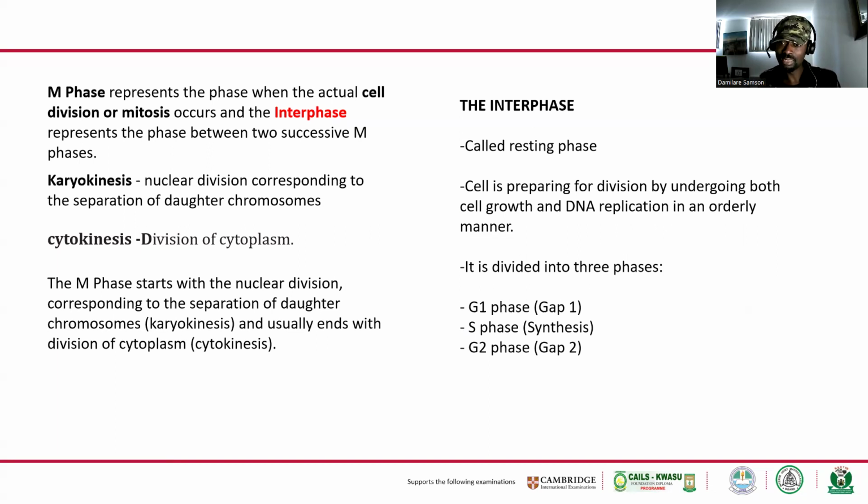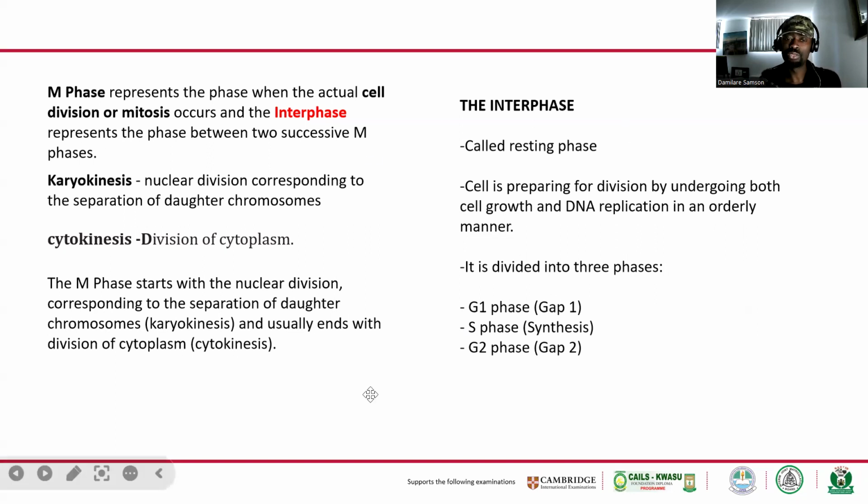Now, the M phase starts with nuclear division, corresponding to the separation of daughter chromosomes, which is karyokinesis, and usually ends with division of the cytoplasm, which is cytokinesis. What are we trying to say?